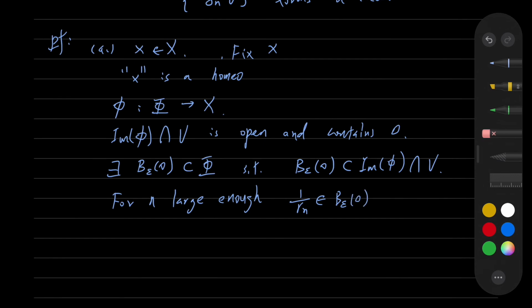Actually, this is a real number, right? Because this sequence is real numbers. So let's just put it as a real number.